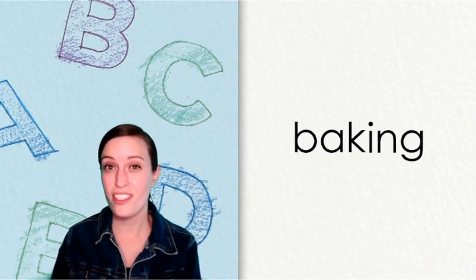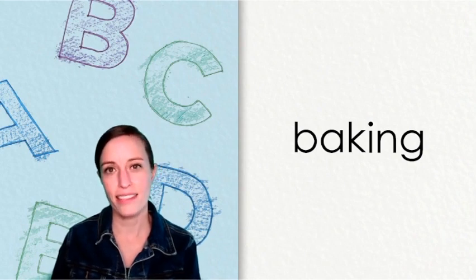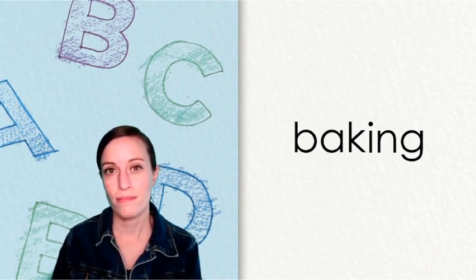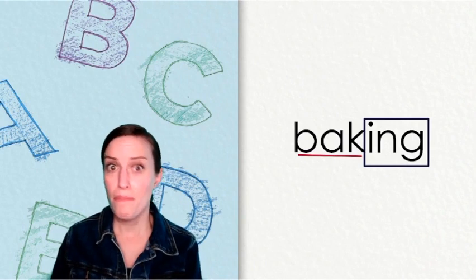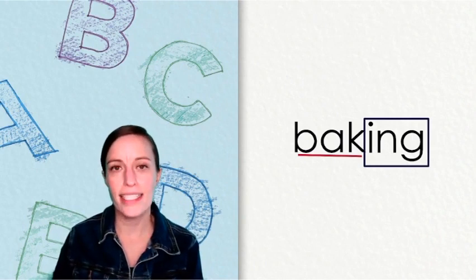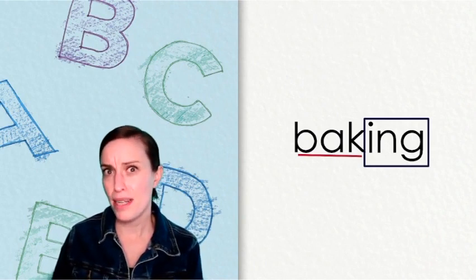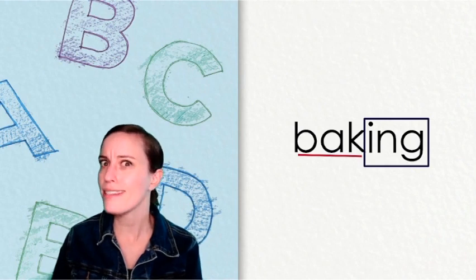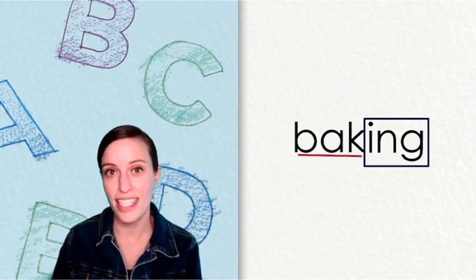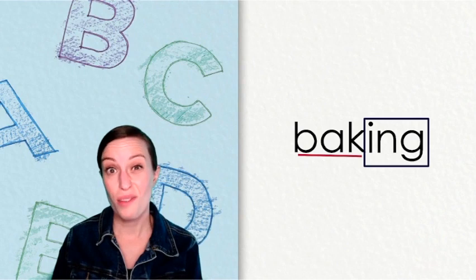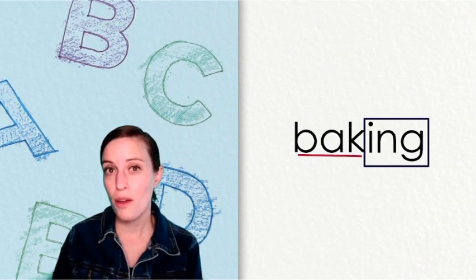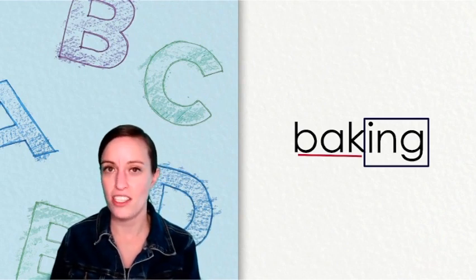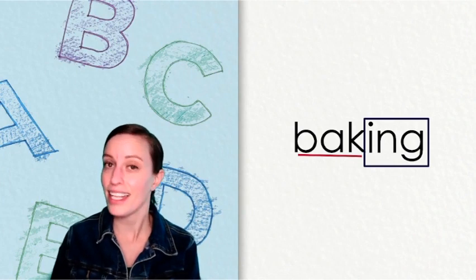Did the base word change when we added this ending? It did. Bake is now missing its silent E. It must be working invisibly because the A is still saying its name. So the base word changed when we added the suffix ing. We took the silent E off.